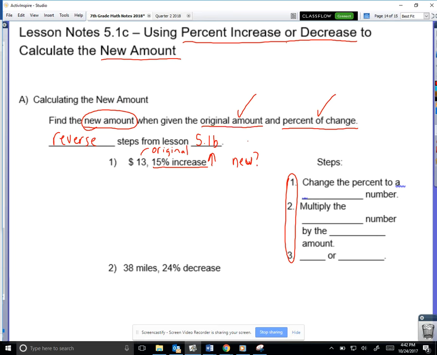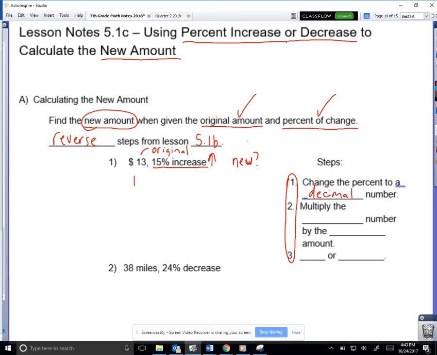Now check out these steps over here, guys. This is just the reverse of the steps from yesterday. Our step number 1 was actually like our step number 3 yesterday, but we're just reversing it. We're going to change the percent to a decimal number. That is step number 1.